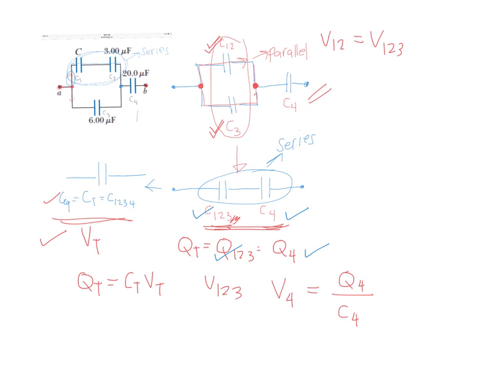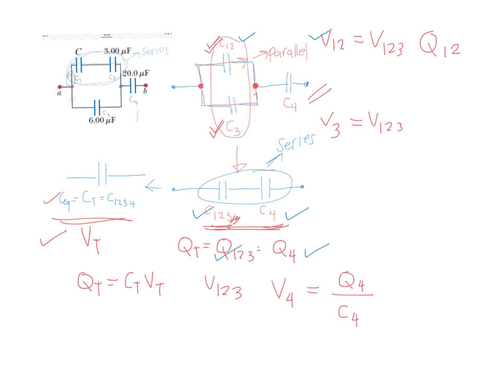So once we have voltage 1,2,3 and voltage 1,2, and we also have capacitance 1,2, then we can actually have Q1,2. Also, if we have C3, then this means that our V3 is also just equal to V1,2,3.